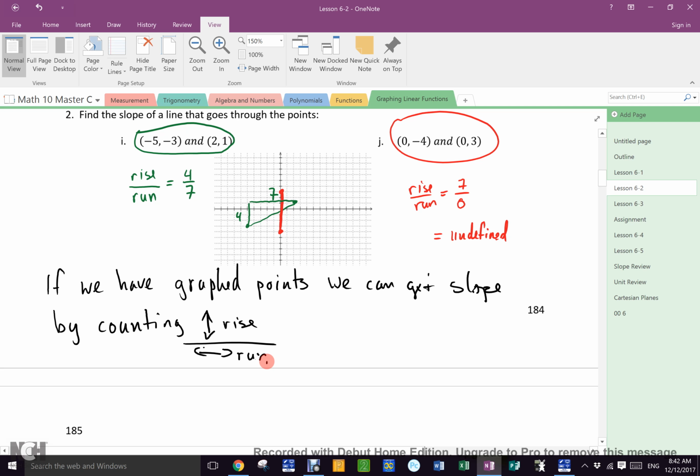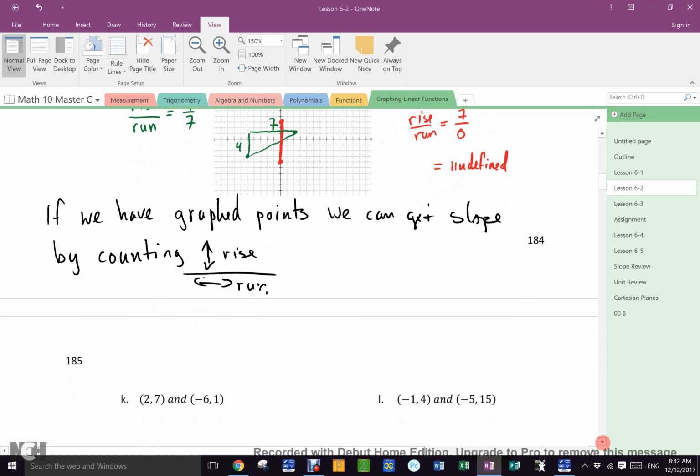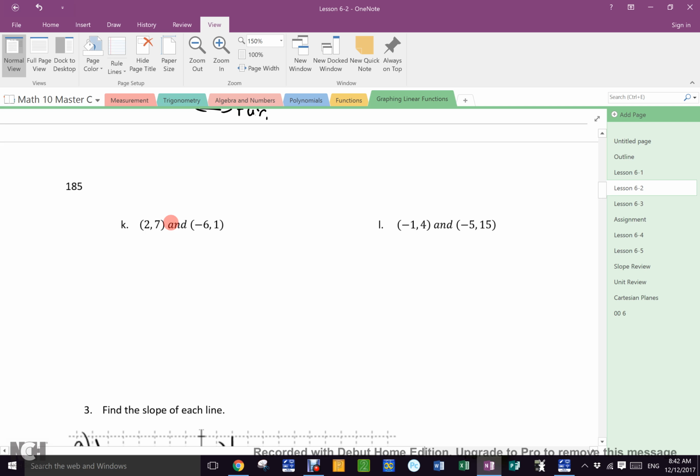Everybody cool with that? If the points are on the graph, all you got to do is count, right? So, look at your next thing. When you turn the page, you're given 2 points. If they were on a graph, what would you do? You could graph them and count, right? Everyone agrees?